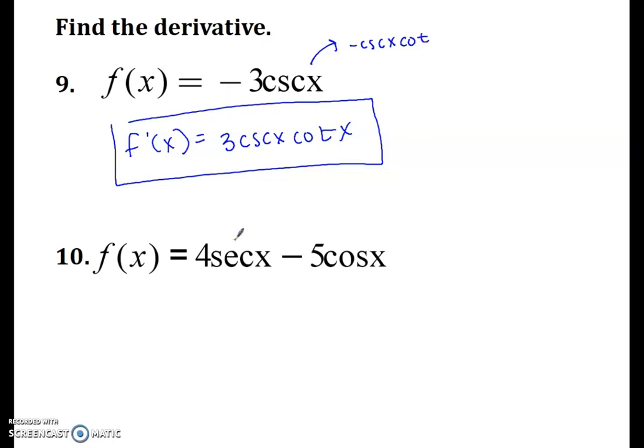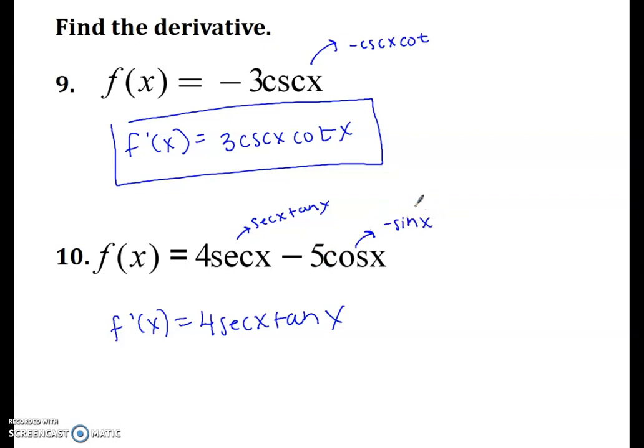So for 8, I can just look at my derivative sheet. The derivative of secant of x is secant times tangent. So that just means the derivative here is going to be 4 secant of x, tangent of x. Then the derivative of cosine, just looking at my sheet, is negative sine.